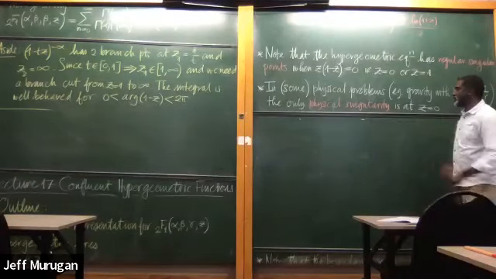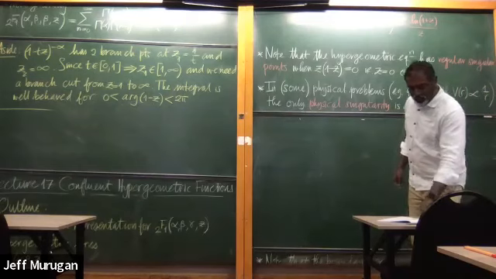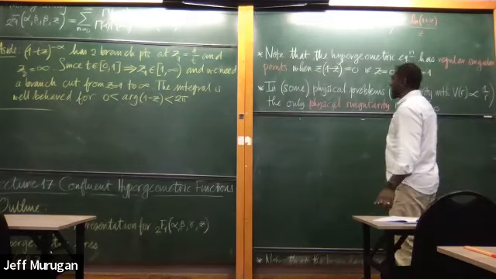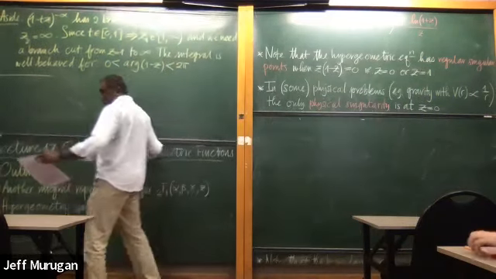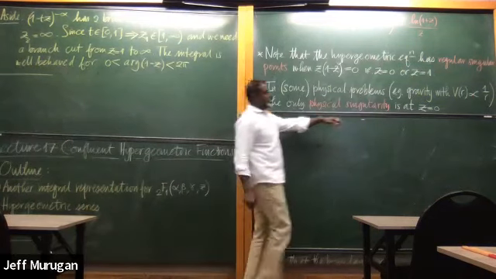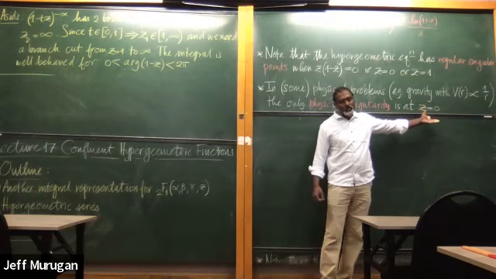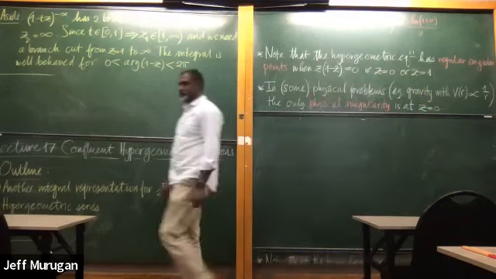To accommodate this, we have to send the singularity at z equals 1 out to infinity. The way we do this is by changing variables from z to, let's say, r times z, and then sending that parameter r out to infinity.